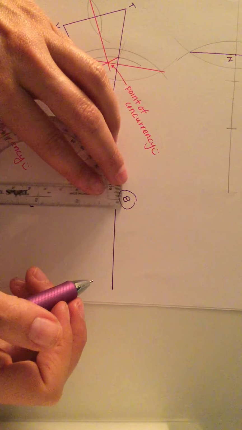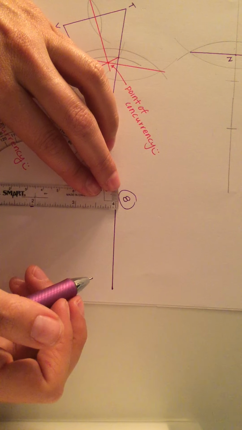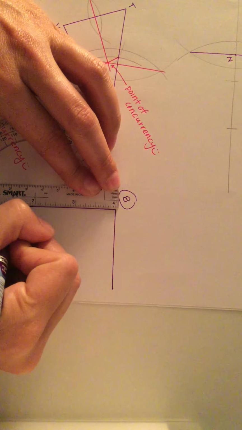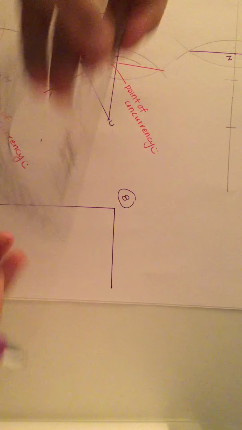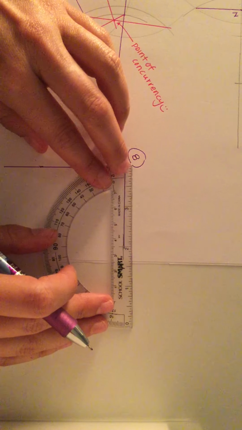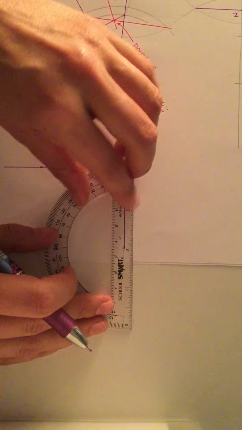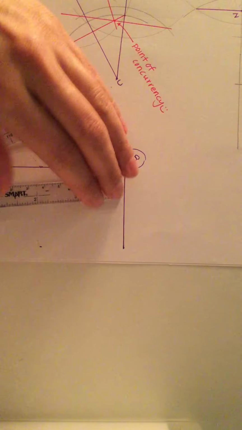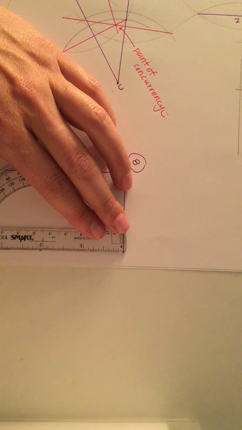So I'm going to make sure to measure out my 90-degree angles, because when I draw something, we want it to be accurate. We're going to measure out 3 inches along that path. And then I'm going to measure over in the other corner to make sure I have 90 degrees over here. And I'm going to measure the same length away, 3 inches.